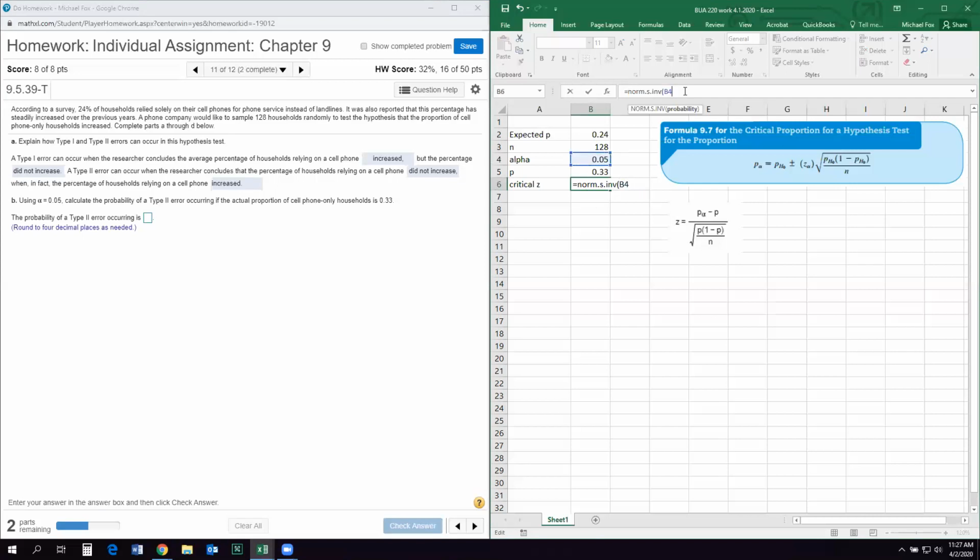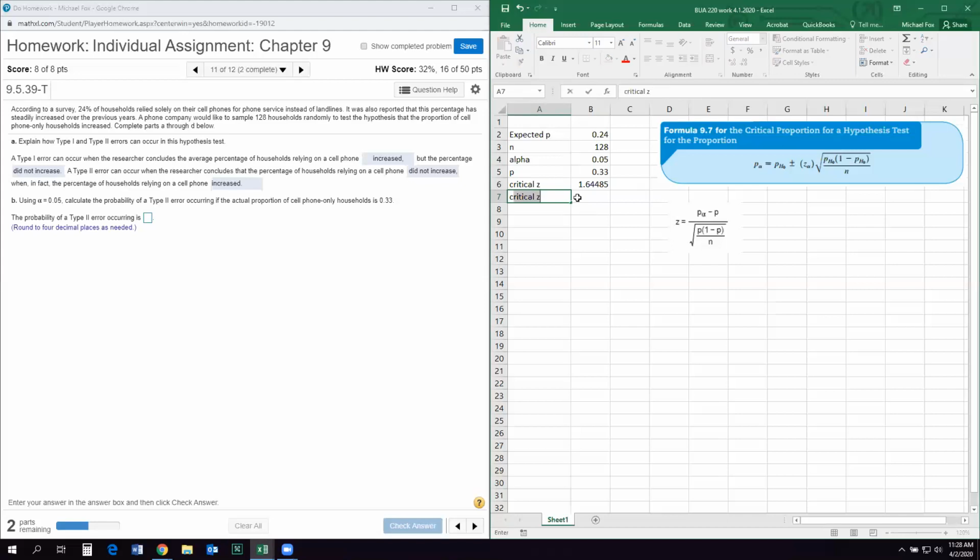But remember, I know this is confusing, but we always want this to be a positive number, so we're going to take the absolute value of that number. If we use the alpha of 0.05, then it's finding the point at which we have a 5% chance, and that's to the left, which will be a negative 1.64. But we want the positive, so I just do the absolute value of it.